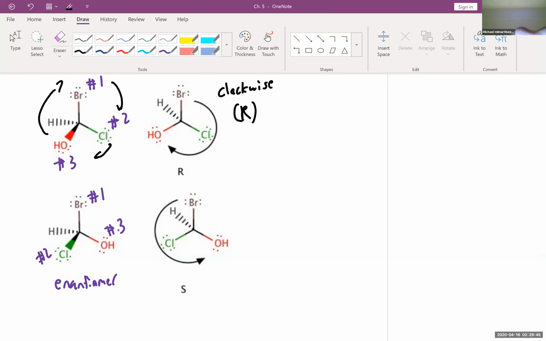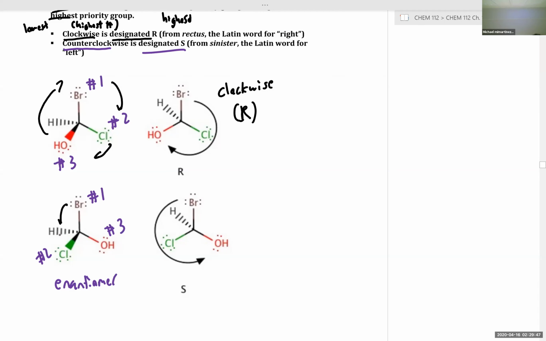So if we draw out from 1 to 2 to 3, are we going clockwise or counterclockwise in our enantiomer? Yep, exactly right. So we're going counterclockwise. So we assign this stereocenter as S. Exactly right. Perfect.